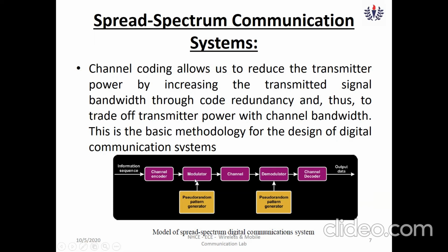This modulator is provided with a pseudo-random pattern generator, and this is given to the channel. At the receiving end, without this pseudo-random pattern, it is highly impossible for us to recover our original information. In this way, spread spectrum communication ensures secure communication between the transmitter and the authorized receivers with the pseudo-random code.